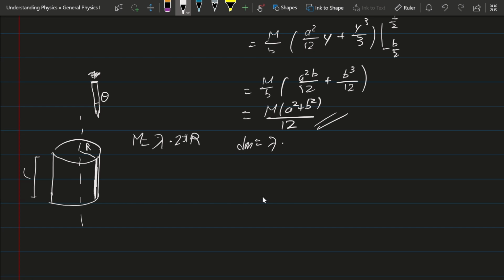So taking this for a small angle, we would obtain that, this is big R, so it's r d theta. So basically this length here would be r d theta.